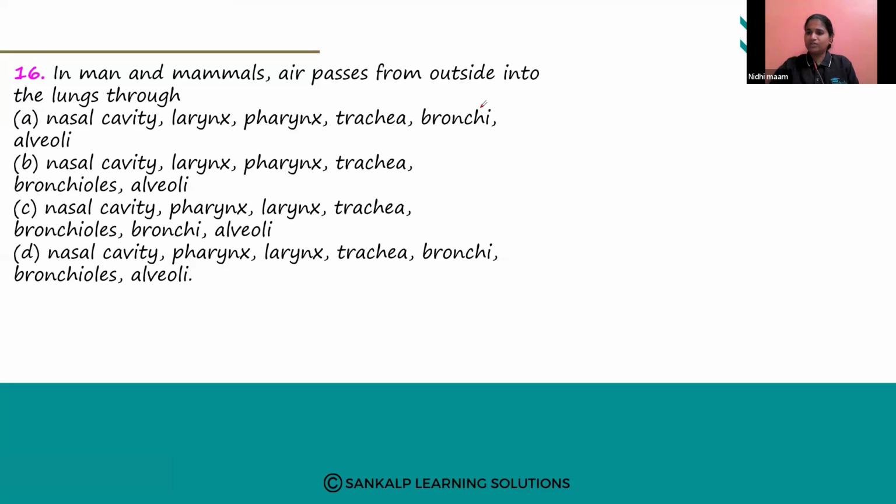So this is about the parts of the respiratory system, passage of air.